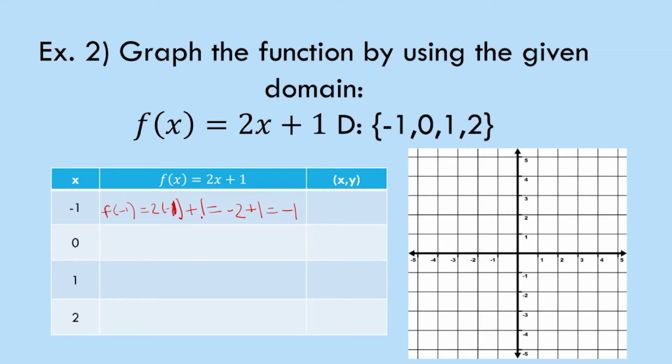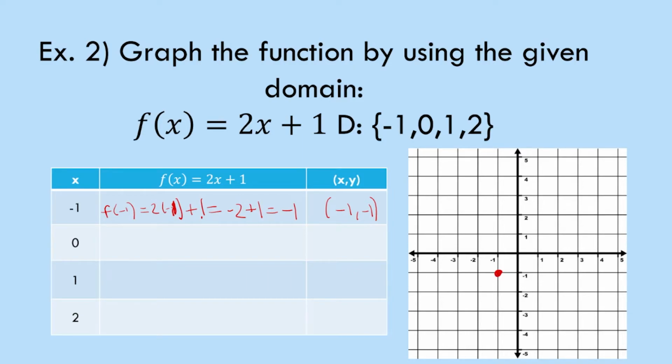So my coordinate, my answer is -1, comma -1, which means if I were to graph this, remember x comma y, I'm going to go -1 to the left, and I'm going to go -1 down, which means this is going to be my first point.